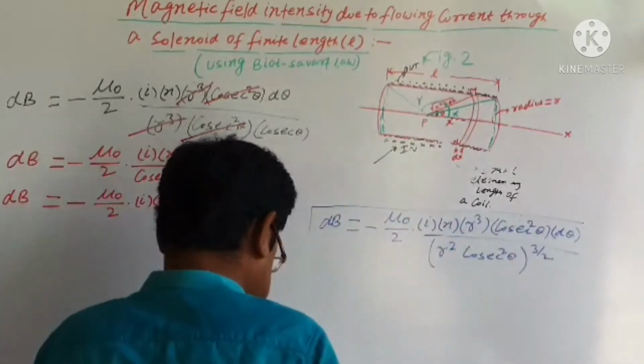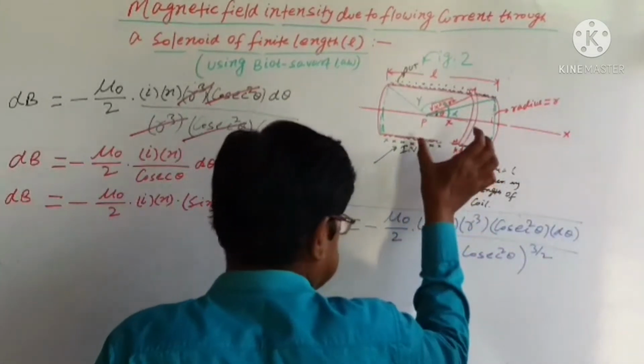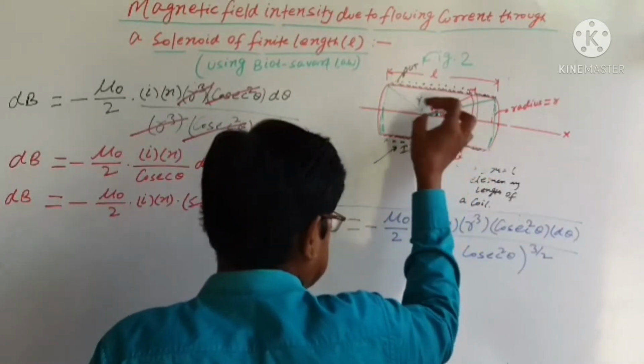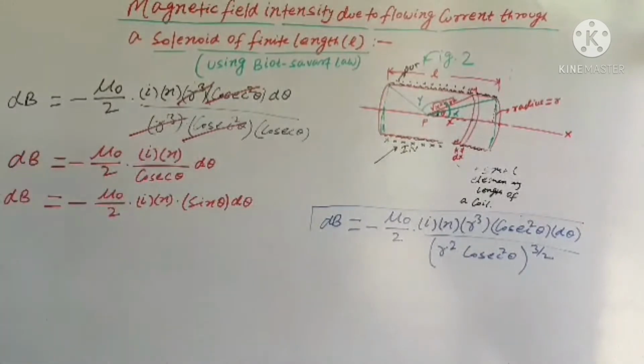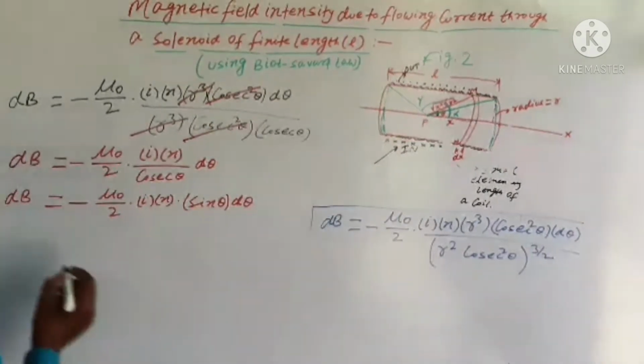Okay. Now, the limit of integration is alpha to gamma.